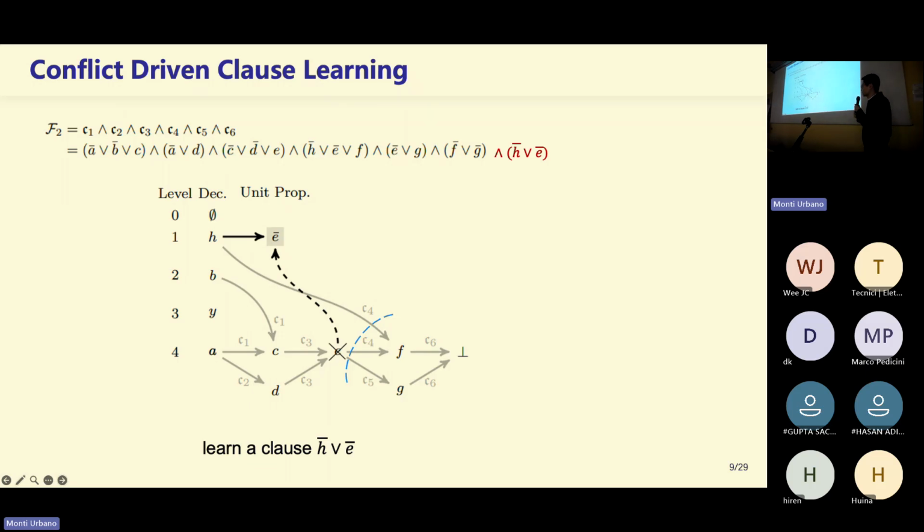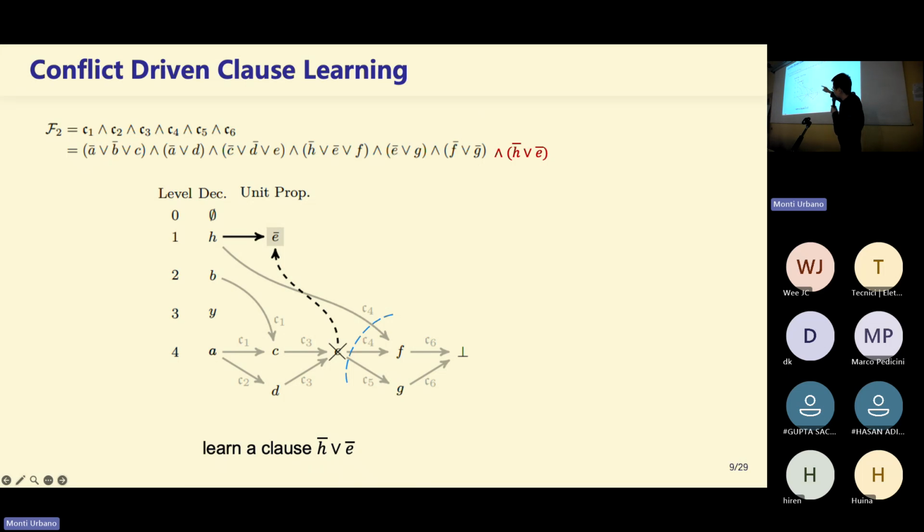In the picture, we can see that if we make a cut from the roots to the conflict, that means we cut the inference trend so that this conflict can happen. And this cut can have several options. Suppose we make a cut here, then we can learn a lemma. Following this cut, we can find two variables, variable h and variable e.